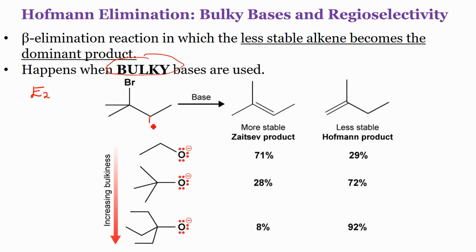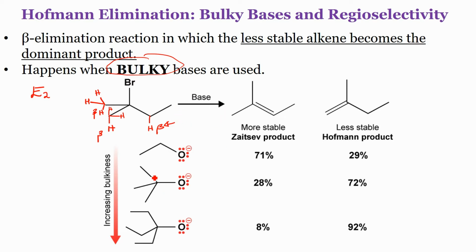So I would start by showing my beta hydrogens as usual. I want it to be anti-coplanar, so I'm going to just show those are the candidates. You realize this is a methyl, this one here is also a methyl, so whichever one you take is the same thing, but this is the other type of beta hydrogen.